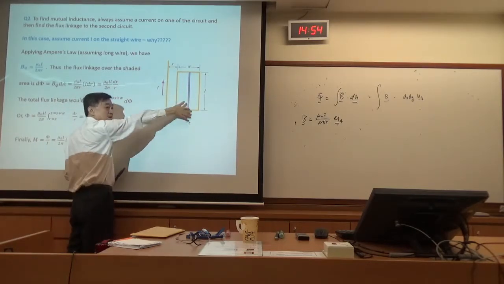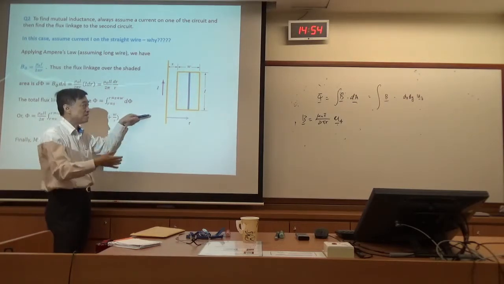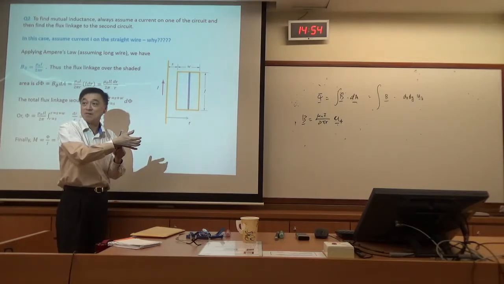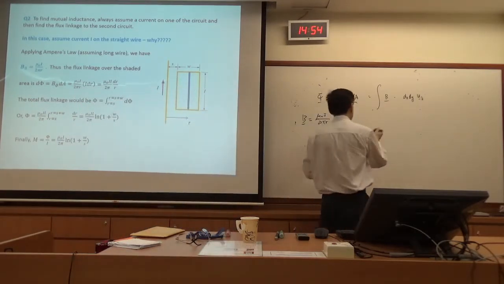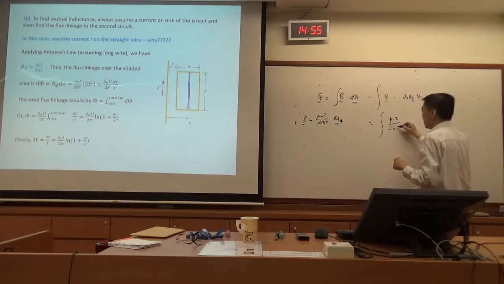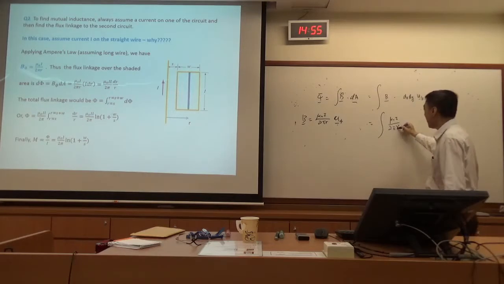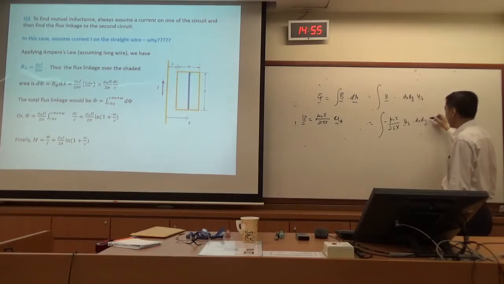But when it's on the XY plane, if this is my X and this is my Y, u phi is now what? R becomes X now. So it is minus mu naught I over 2 pi x, uz dot dx dy uz.